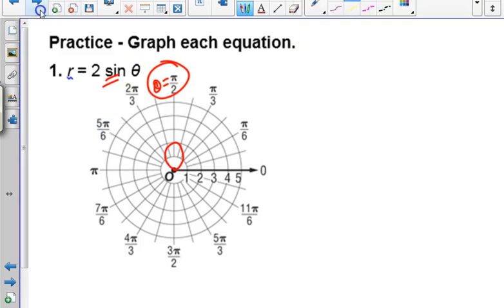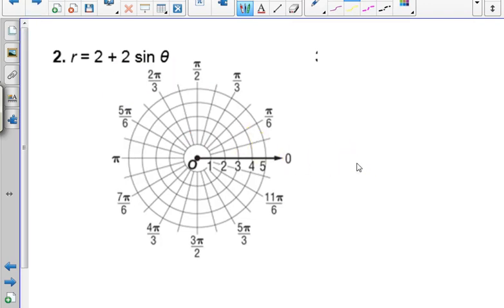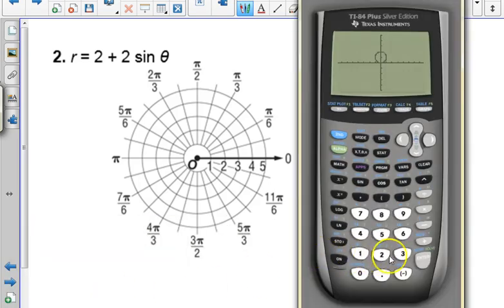All right, number 2. If we type this one in, 2 plus 2 sine theta. Okay, look at worksheet 10. Does anybody know what this thing is called?